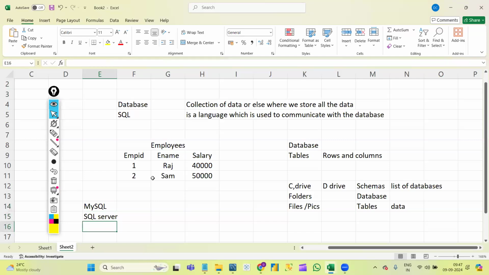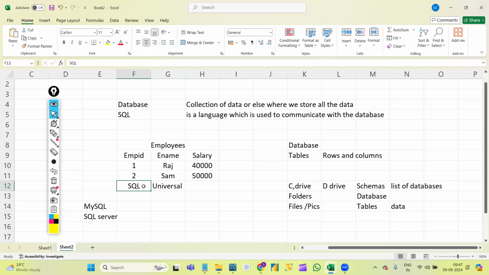SQL is Structured Query Language, a universally accepted language that we use to communicate with the databases. The language or the subject is only one, that is SQL.